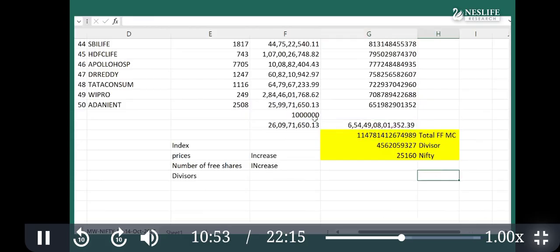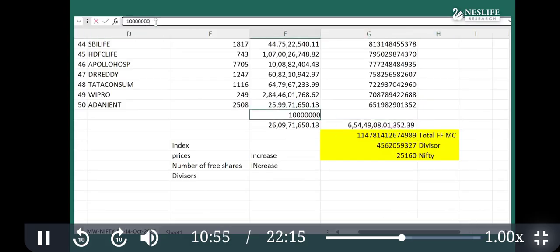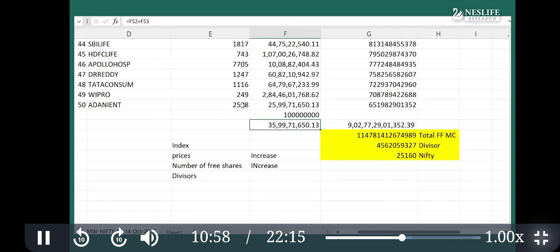You can see that if they sell some more shares, so now this is theoretically possible. But you can see that from 65 to 67, free float market capitalization can be increased by increasing the number of shares. It means even if Adani Enterprises' price remains the same, free float market capitalization goes up by increasing the number of shares. Correct?